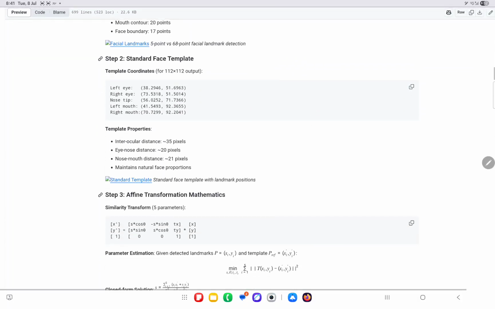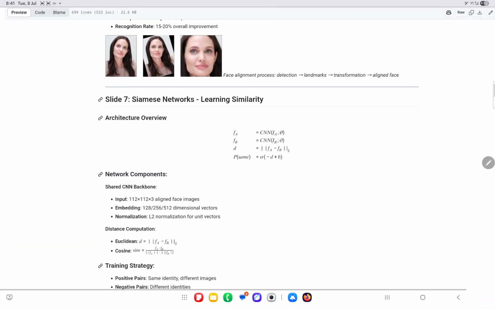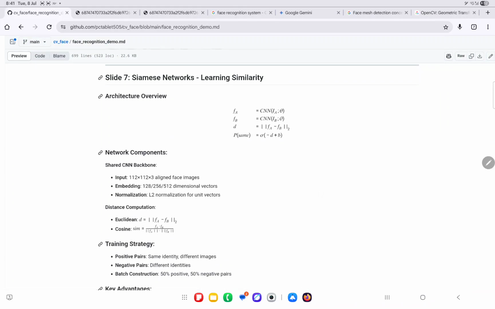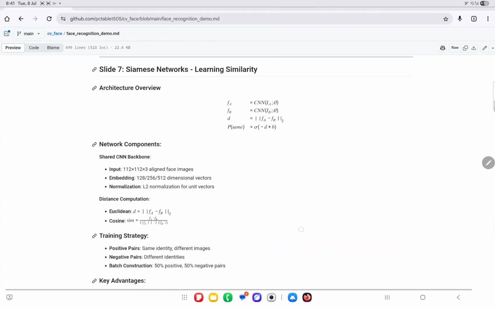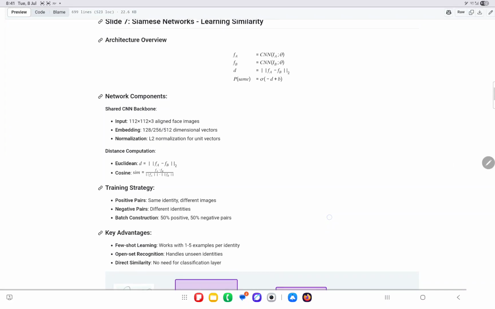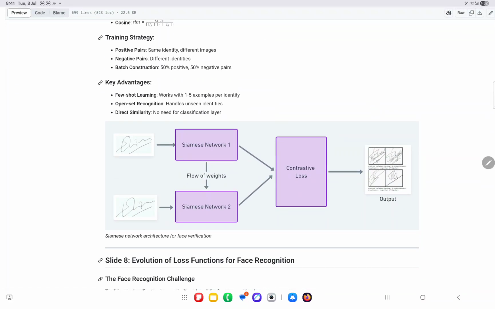So in this video we will discuss how we train a face recognition model. A face recognition model can be trained in such a way. For example, suppose this is a network.